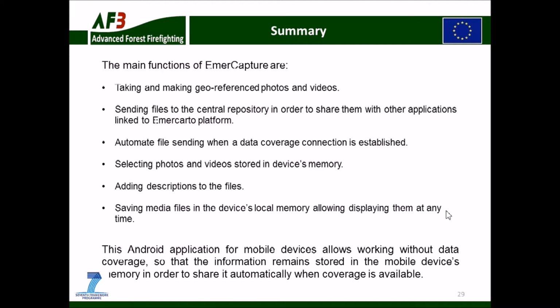It is an Android application for mobile devices that allows working without data coverage, so that the information remains stored in the mobile device memory in order to share it automatically when the coverage is available again.